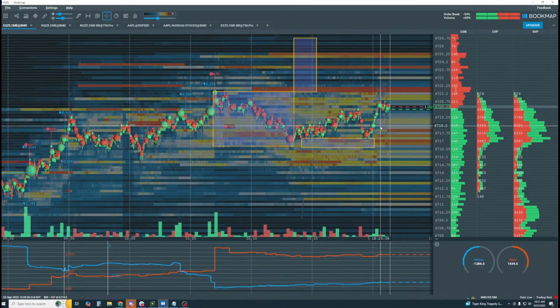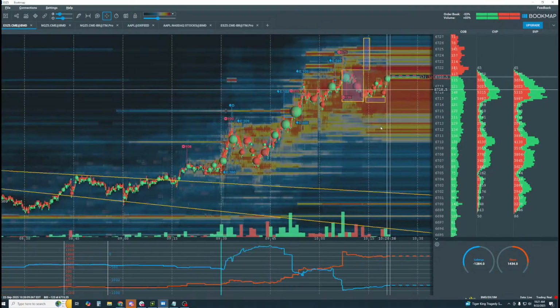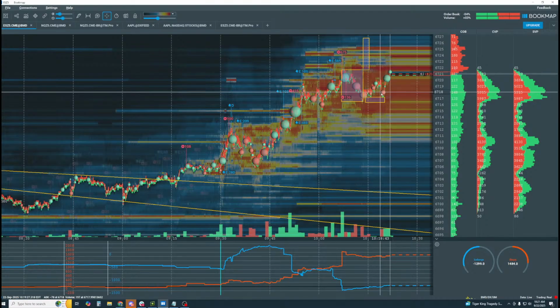Okay, so I wanted to go over today some of the higher time frame levels, but then we're going to start to drill down into fractals of these levels in here, because it's really the same story again and again.